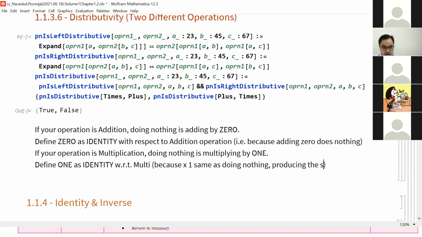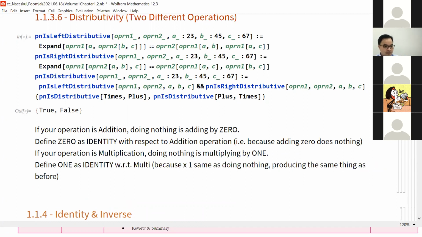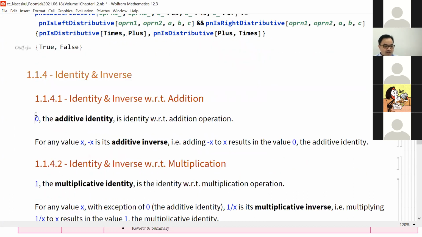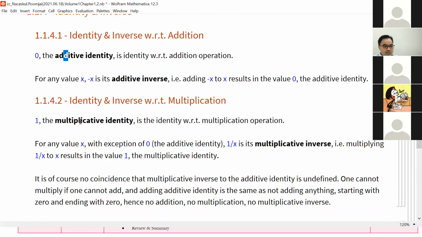Producing the same thing as before. So this is why, before I formally talk about inverse, I have to talk about identity. So 0 is the additive identity. Identity with respect to addition operation is a bit long to say, so it's the additive identity. 1 is the multiplicative identity.